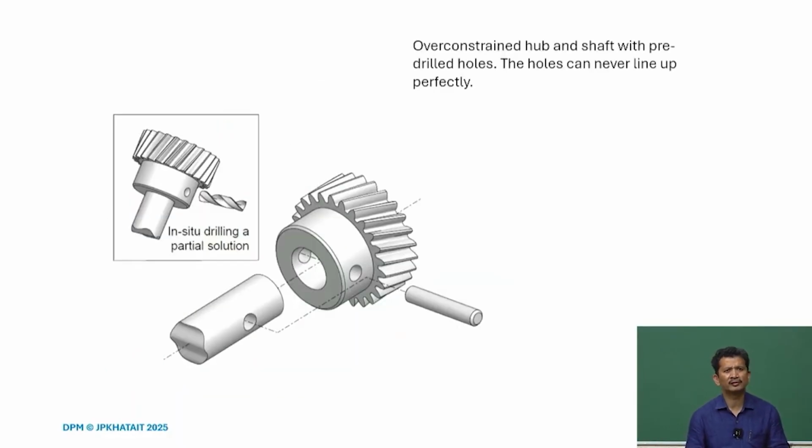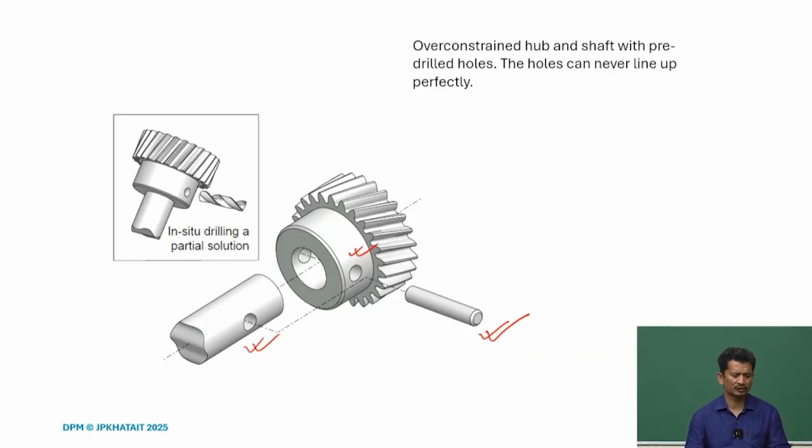A similar example is if we have to connect this hub to the shaft. How do we connect them? Suppose we have a hole here, and then we put a pin to lock. What we realize is that it's very difficult to align the two holes together and insert the pin.